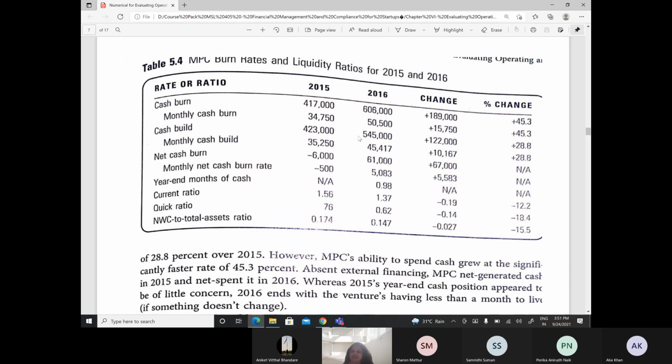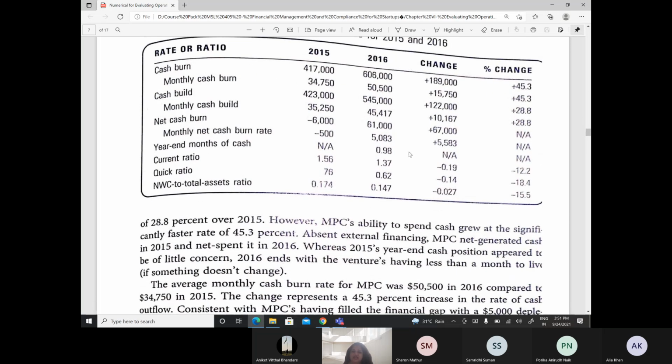The cash build has also increased, but not in the same league as the cash burn. Okay, so the net cash burn has increased, and we are just seeing that the venture is growing very fast, and that's why it's using a lot of cash. And the monthly net cash burn rate has been calculated here.